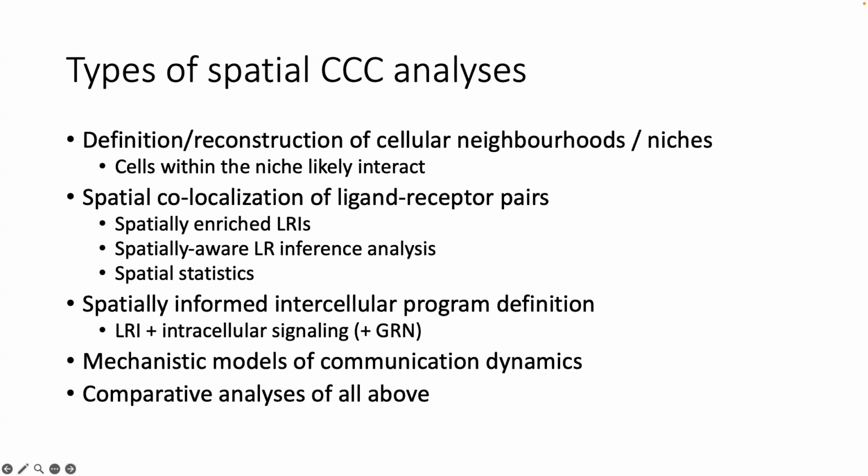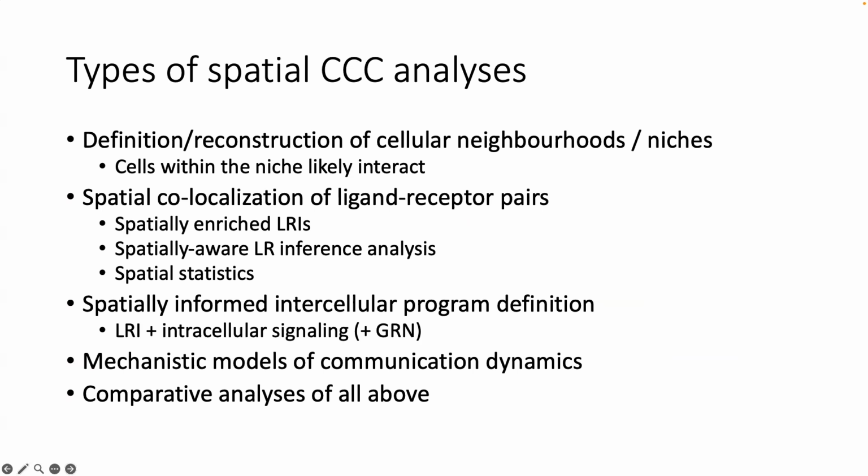If you have such a niche finding tool, you can very generally assume that cells within that niche are interacting. That's, of course, very general, right? You just assume that the cells in a niche are interacting, but just from knowing that they're in the same niche, you don't know how they exactly interact. You just assume they're interacting.